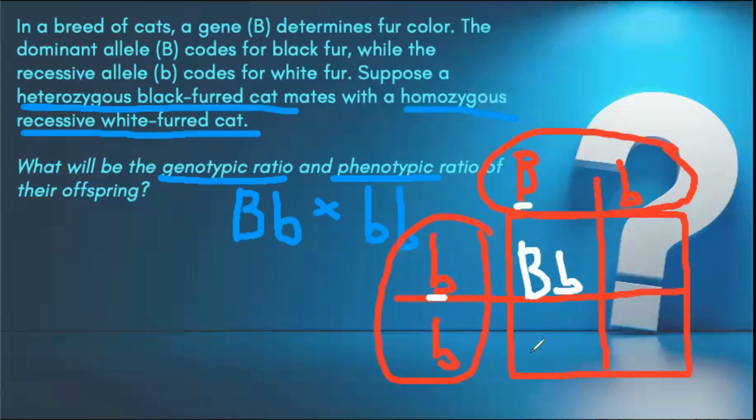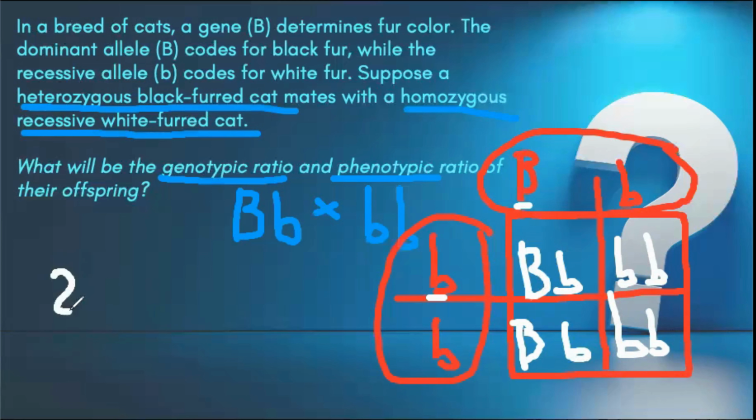Then we bring down the big B here with the little b here, and then little b with little b, and little b here with this little b. So you can see we take one from each parent to match up each one of these boxes or cells.